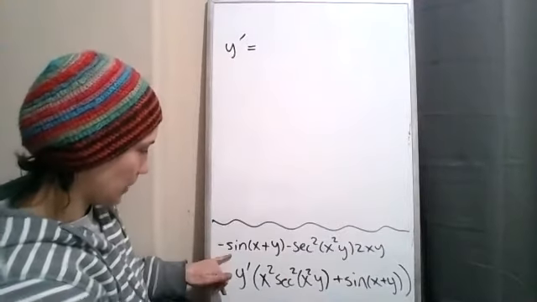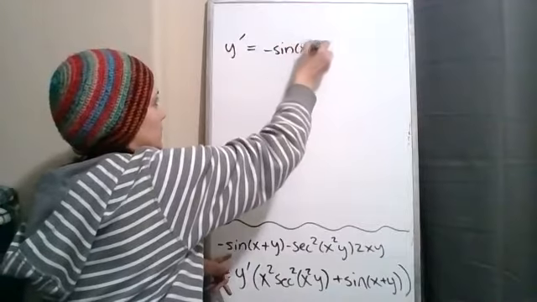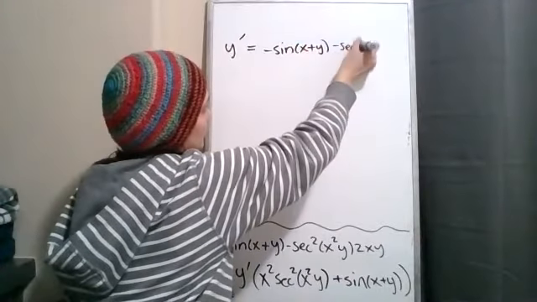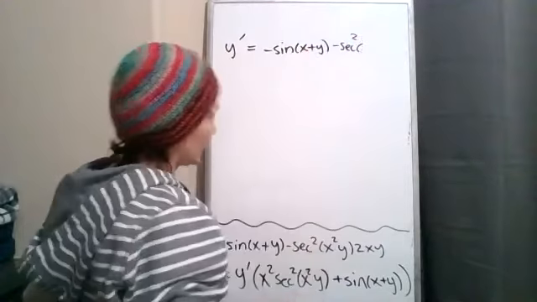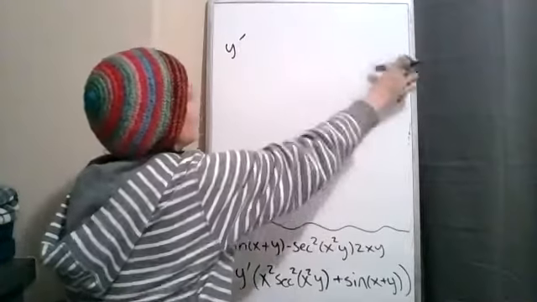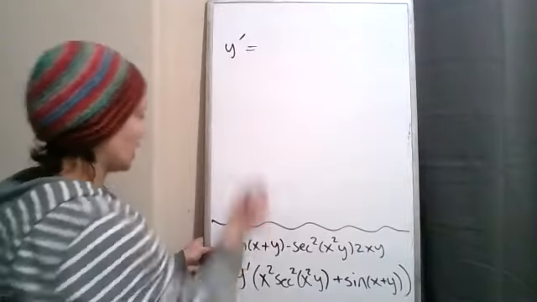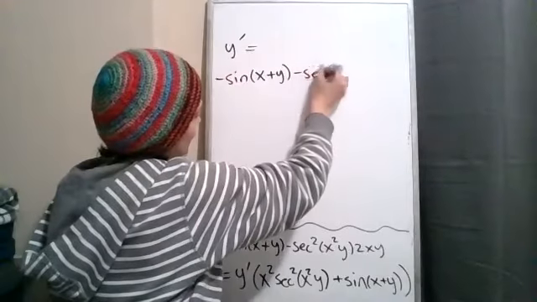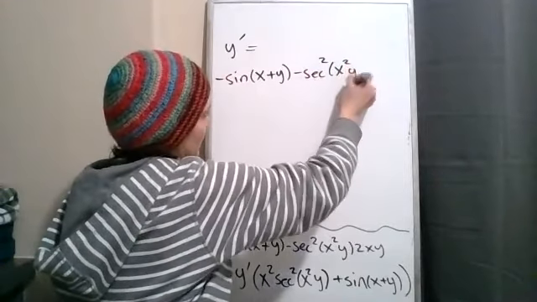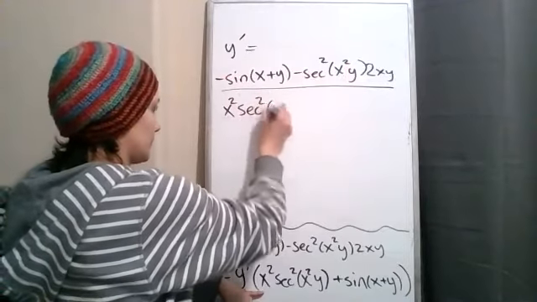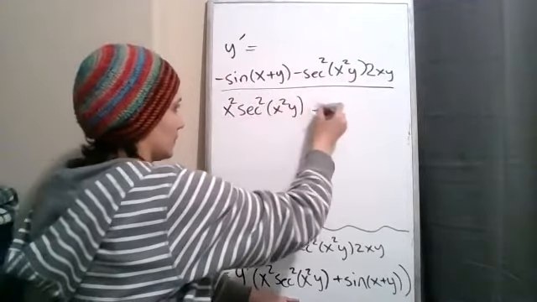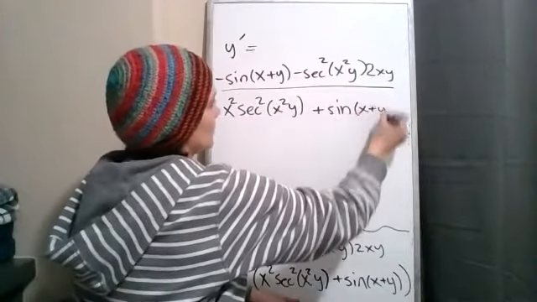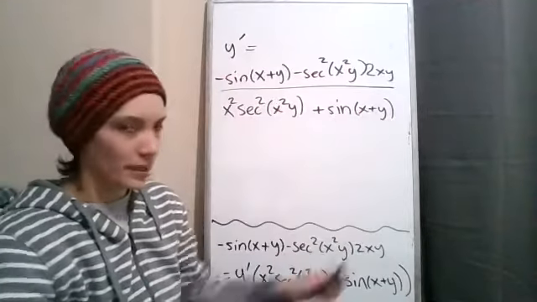So it would be negative sine of x plus y minus secant squared x squared y times 2xy, over everything else. That would be your solution.